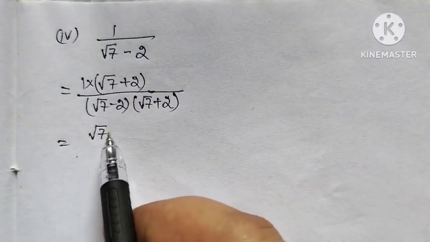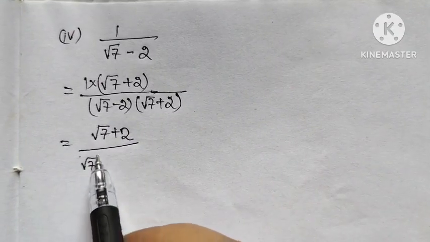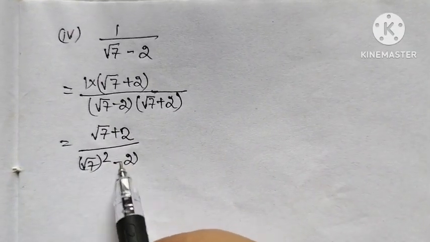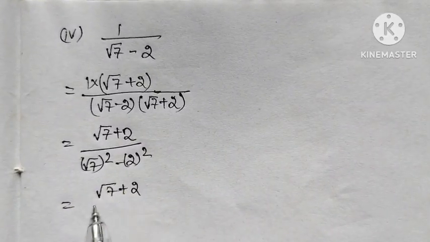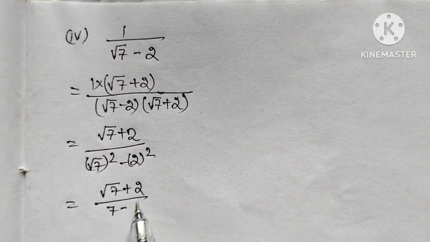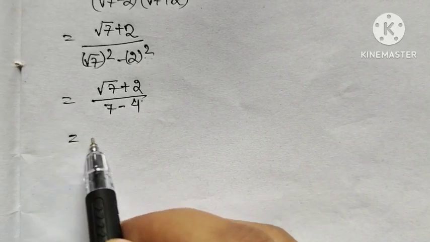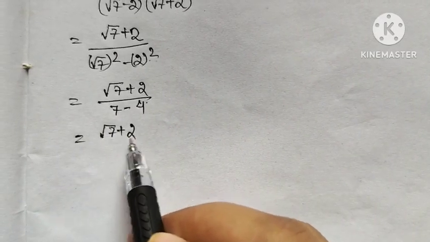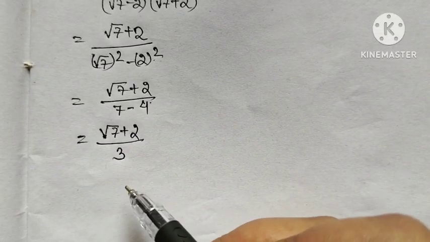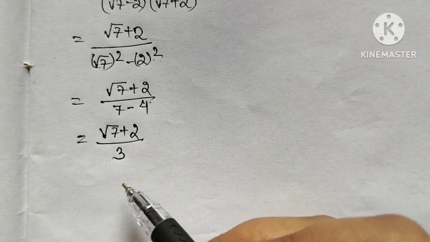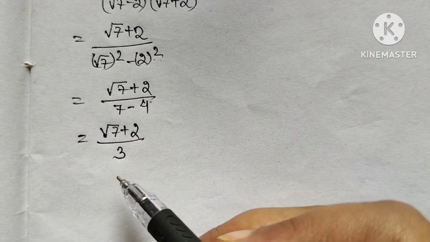Here the numerator is root 7 plus 2, divided by root 7 square minus 2 square. This is equal to root 7 plus 2 divided by 7 minus 4, because 2 square is 4. Then root 7 plus 2 divided by 3. Now the denominator is rationalized. This is exercise 1.4.